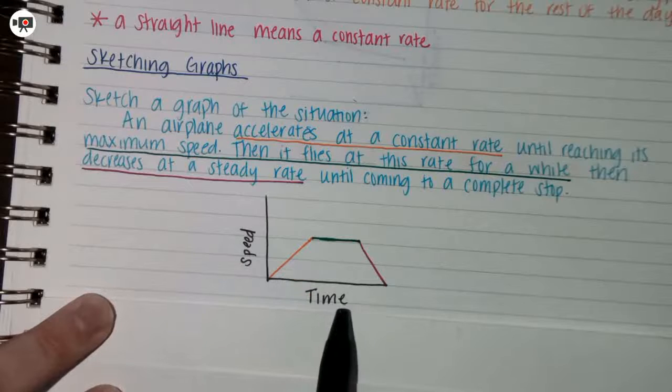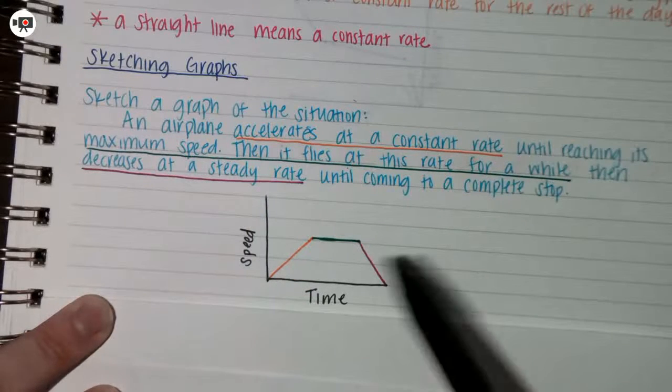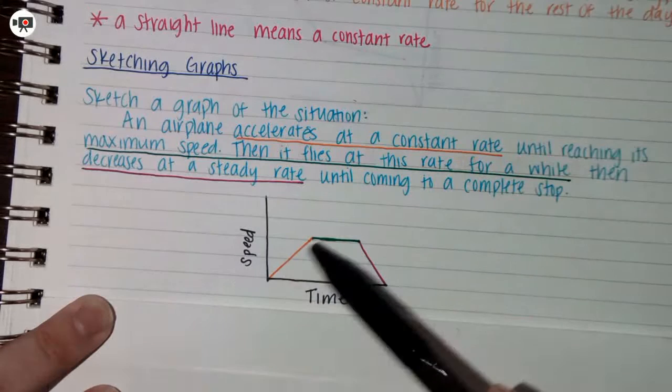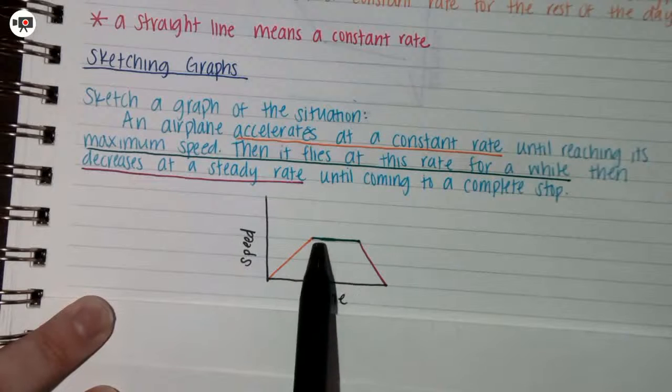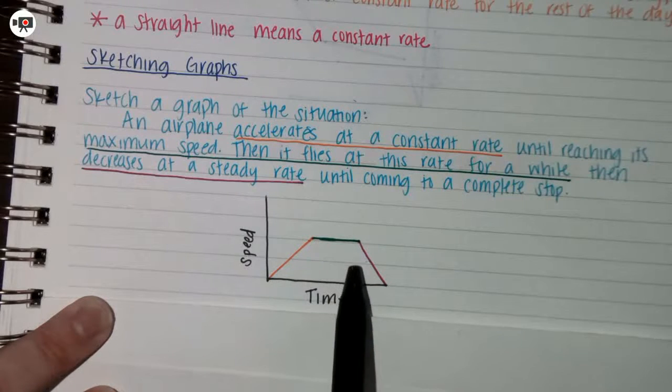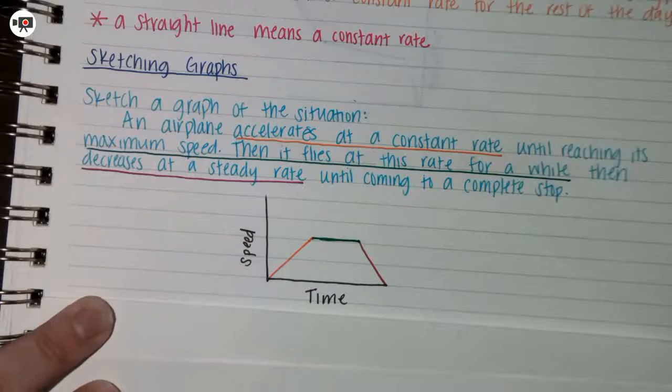Time should always be on the bottom, and then speed should go up and down. So it increases speed at a steady rate, then it flies at that speed for a little bit, then decreases all the way down to when speed is 0 to show that it came back to a stop.